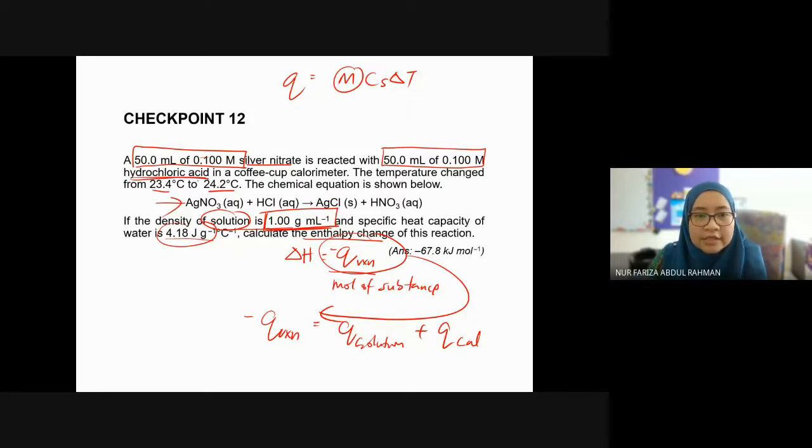For the solution, we need the mass. When we expand, it is MS delta T, this is C delta T, right? So we need the mass. Obviously, the mass is not given. But we can convert the 50 mL into gram by using the density given.